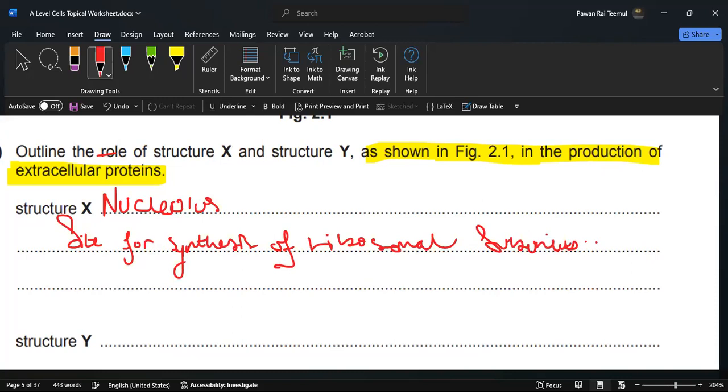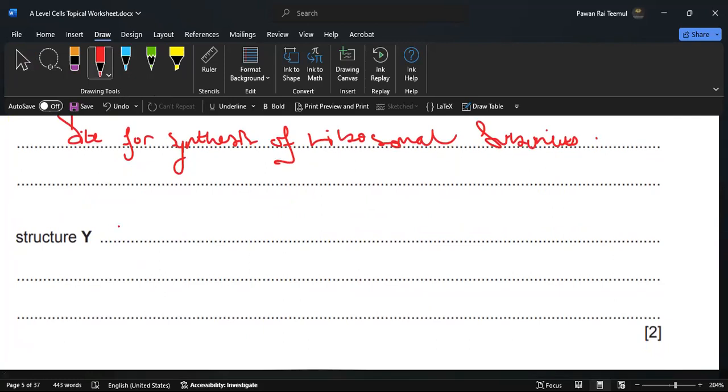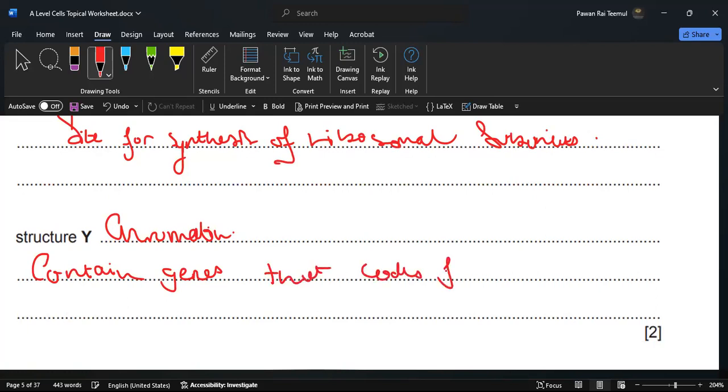And next structure, of course, you write better. It's just a bit difficult for me to write properly here. The next structure is the chromatin. I don't have my graphic tablet yet. It contains genes that code for polypeptides. Okay, that's it.